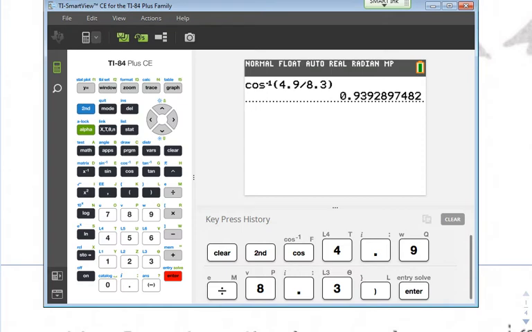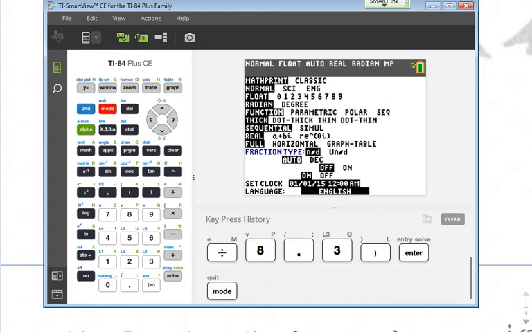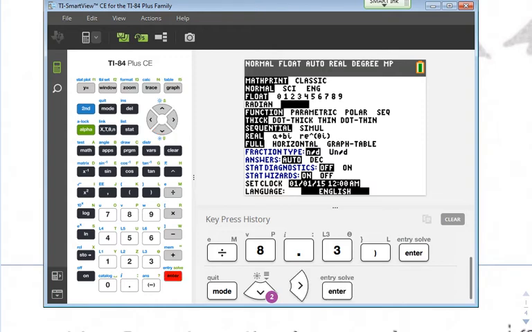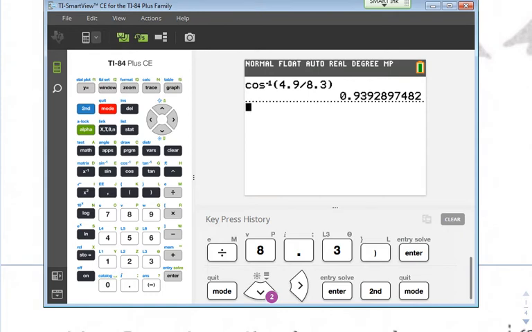Notice how I got 0.939. Now, in your calculator, you might be saying, I did not get that, I did something wrong. But let's see. Remember, we always need to be in degree mode. So if I hit mode, notice how I'm in radian. So it gave me a decimal. So I'm going to change it so I'm in degree mode. I'm going to hit second quit. I'm going to type in this equation again.